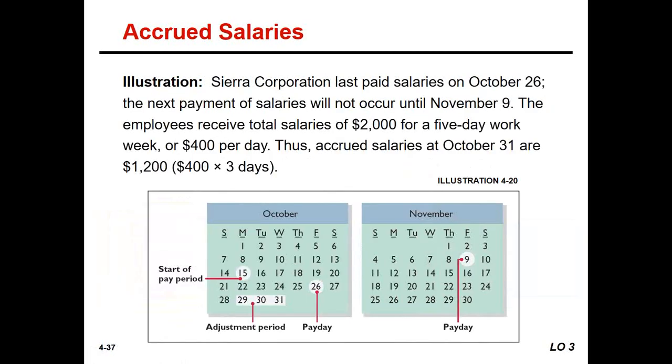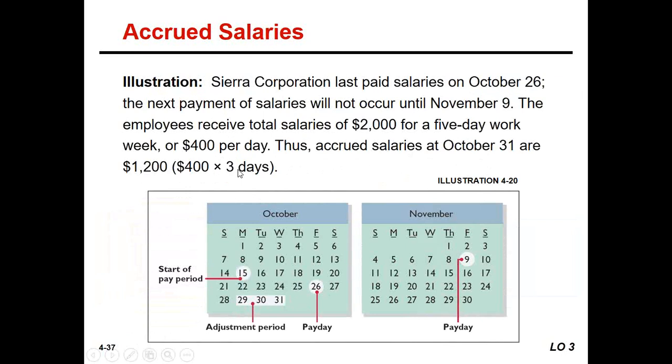Accrued salaries. Their last payroll was on October 26th, and the next payroll will not be until the 9th. The employees earn $400 per day. So between the 26th and the 31st, there were 3 working days: the 29th, the 30th, and the 31st.